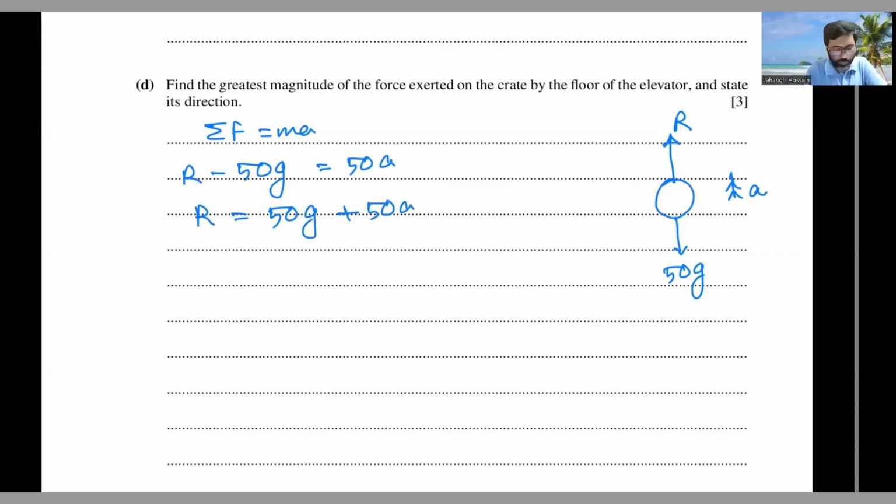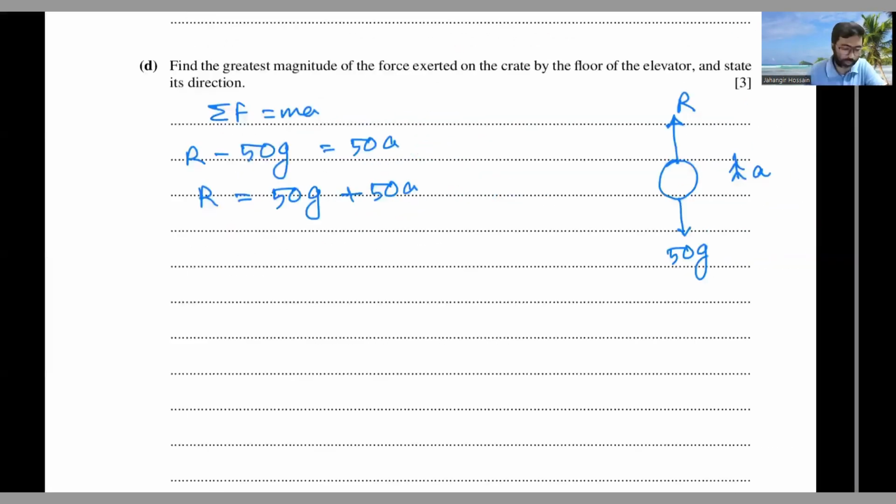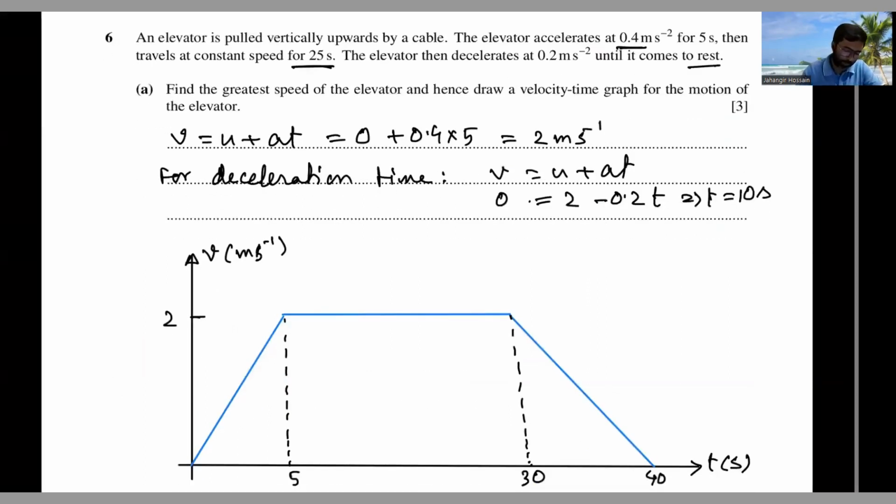R will be greatest when g is constant, so the only variable here is a, and there are three values for a here. While accelerating, a is 0.4, while maintaining constant speed a is 0, and while decelerating a is 0.2.